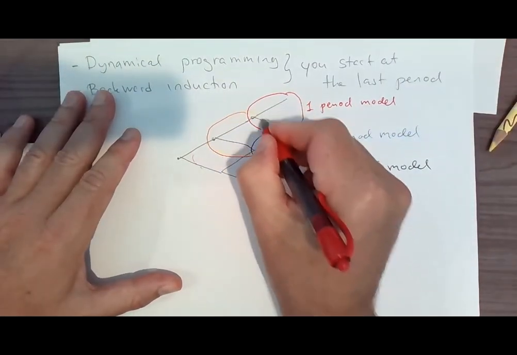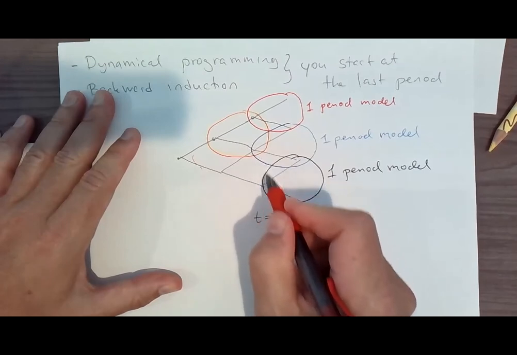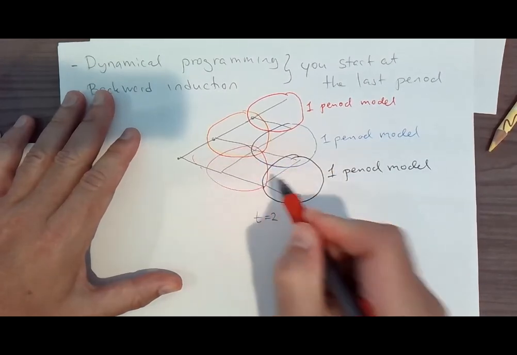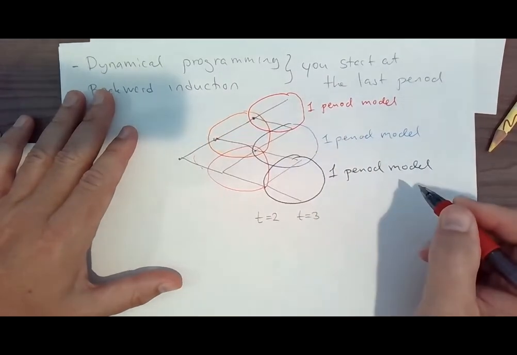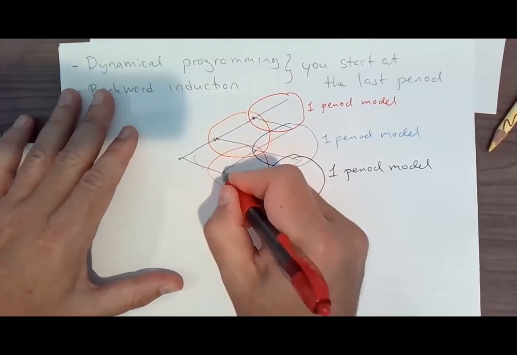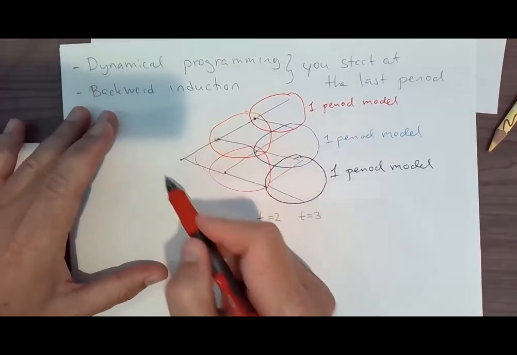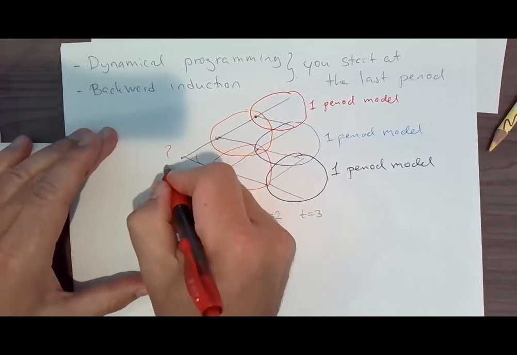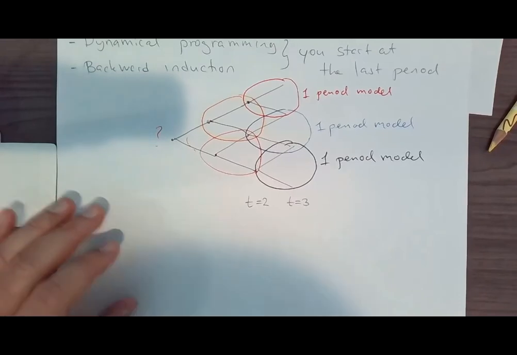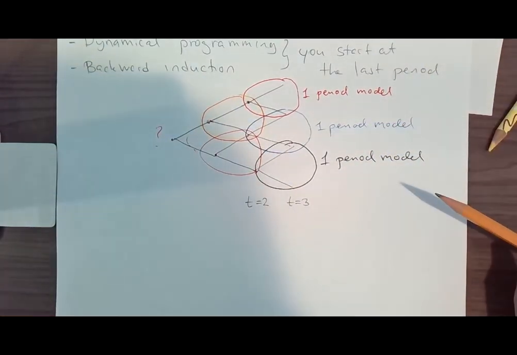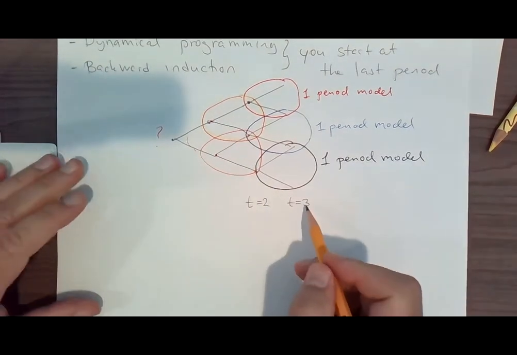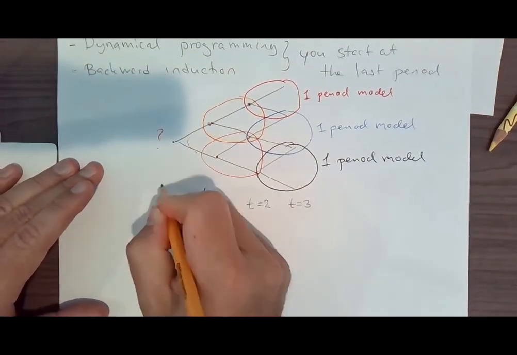This will be your new model, and this here will be your new model. So you will be able to go from here, and this will give you a number there. You go from here and there, and this will give you a number here. And then finally, you will be out here in the end. The goal is to figure out what this question mark is. And the way you go about doing it is moving in this direction. So you go from T3 to T2 to T1 to T0.